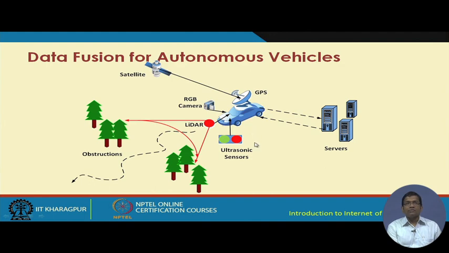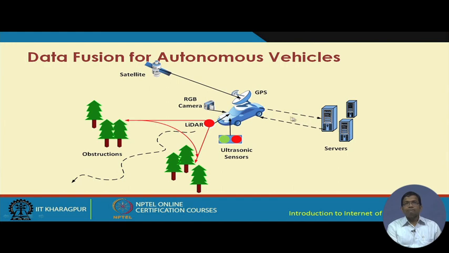the autonomous vehicle. So autonomous cars are collecting different data from different sources through different technologies like LiDAR, sensor networks, satellites, GPS, and different cameras in front of them. All these different types of data are collected and sent to the server.